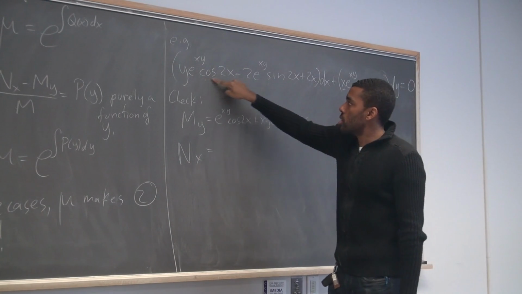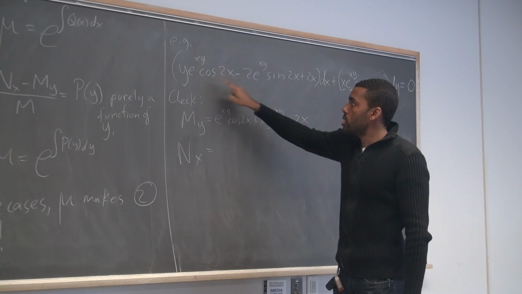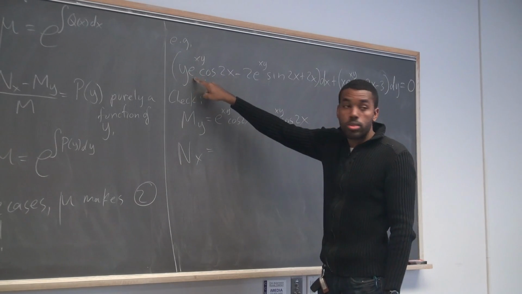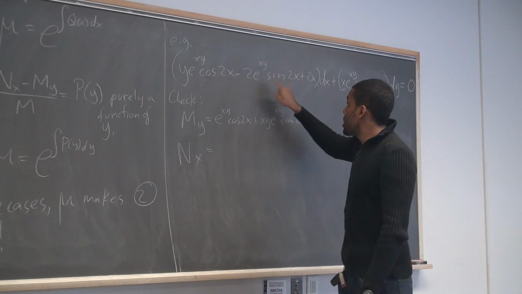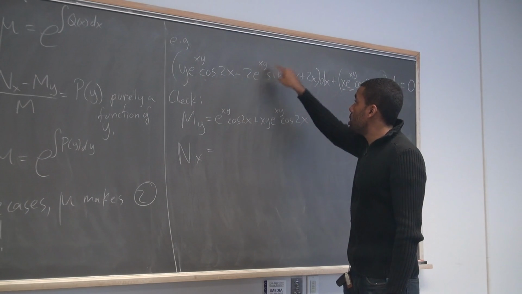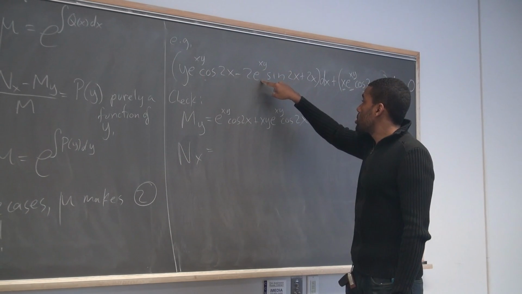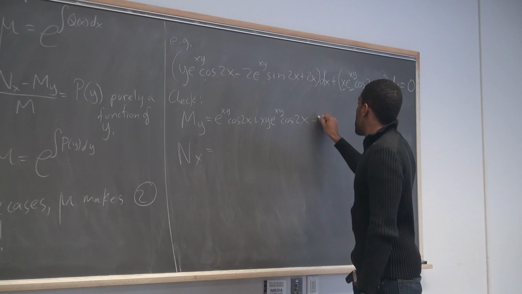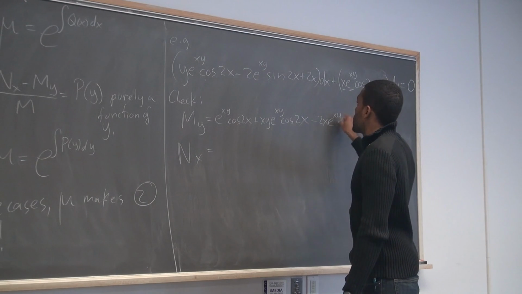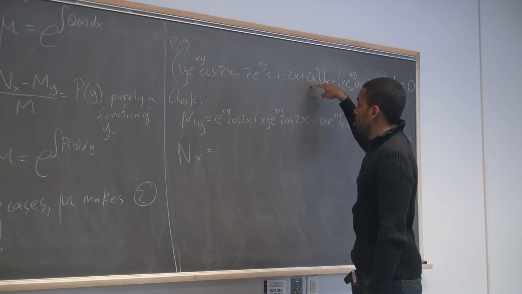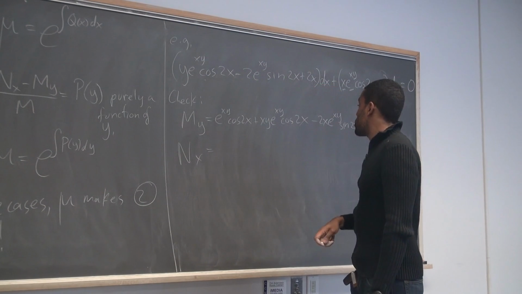No, we're not differentiating the cosine. We're differentiating this. I differentiate the y, and then I differentiate this. And then here I'm going to differentiate just the e to the xy. Minus 2x e to the xy sine 2x. This derivative is 0, right?